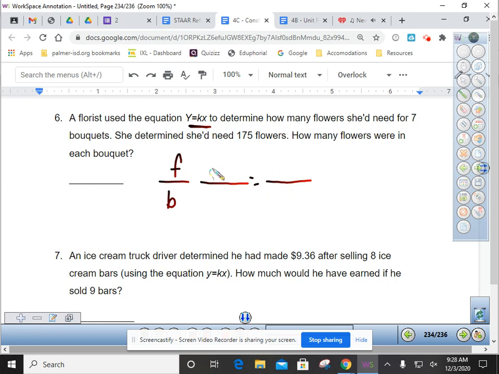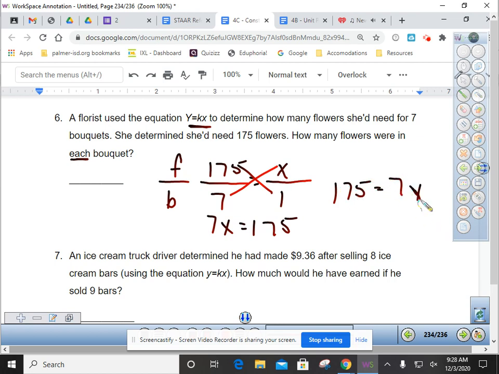How many flowers did she determine she needed? 175. For how many bouquets? 7, and it's asking how many flowers in each bouquet. So where does that go? Each flower or each bouquet? Bottom. So when I solve this, do you see that I can flip it? 175 equals 7x.